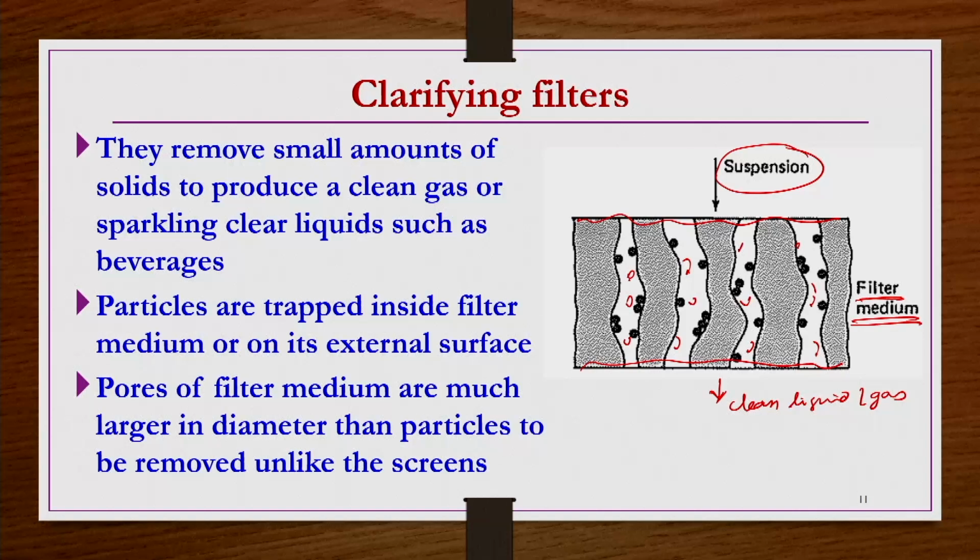We use these clarifying filters for cases where the liquids or gases contain only a small amount of solids. The small amount of solids will be striking and sticking onto the surface of the filter medium, or they may be partially blocking the pores, but they will not be able to pass through the deep bed of this filter medium, which is in general a pack of cotton or cellulose pulp or glass fibers.